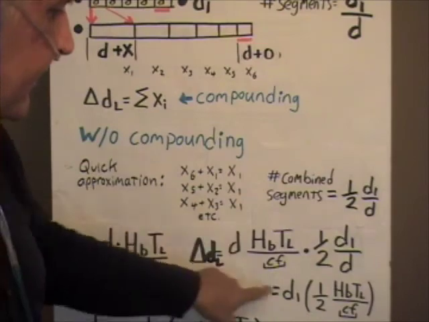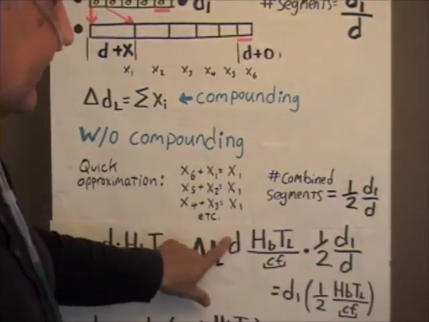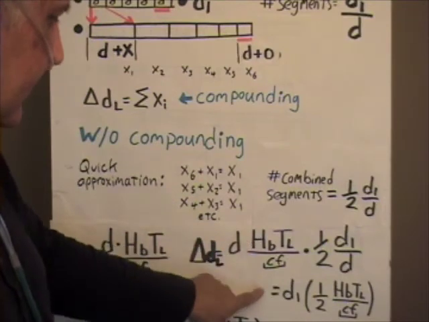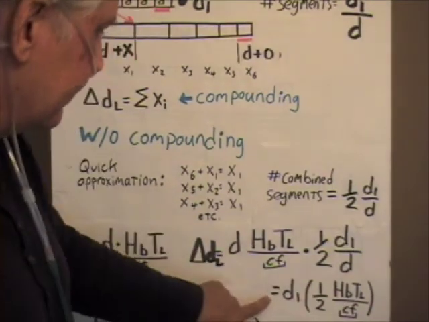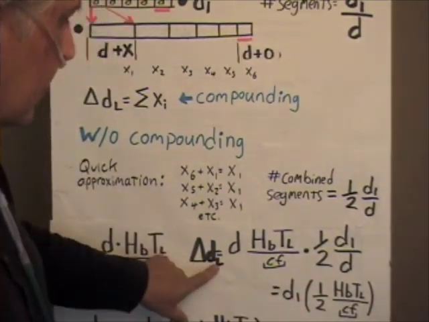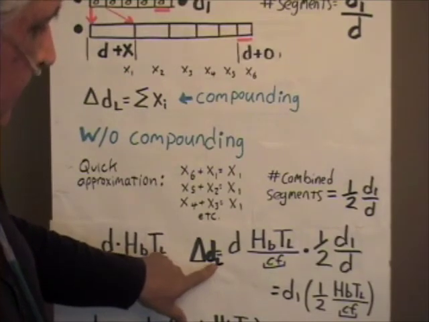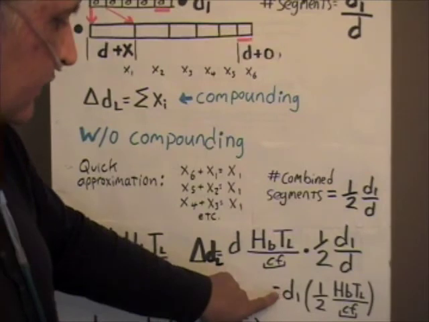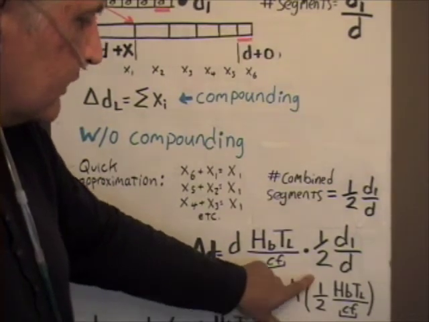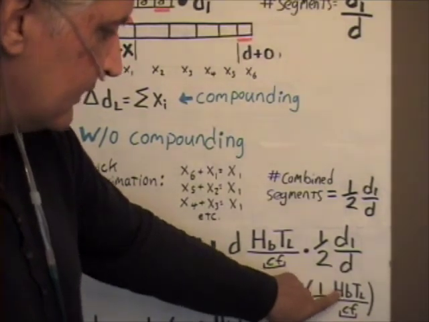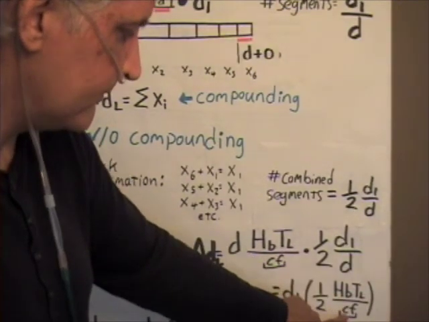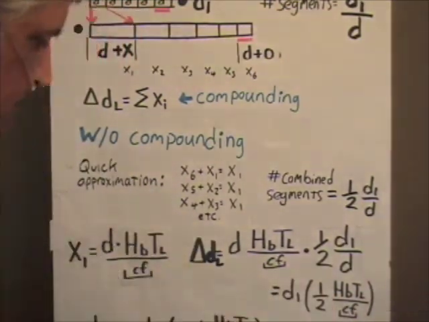And then simplifying this equation, the d's cancel. We can bring d1 out to the front to make it easier to look at, and it gives us this, that the total expansion for light for the time it was traveling is equal to d1 times 1/2 hb times TL over the conversion factor.